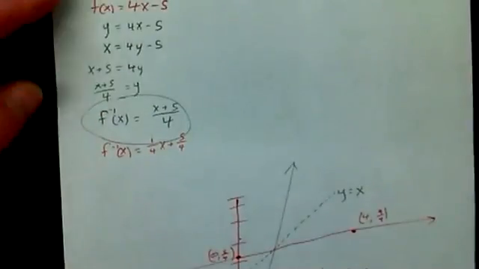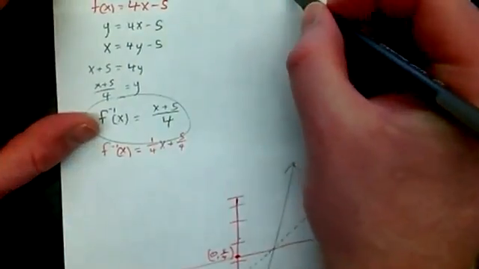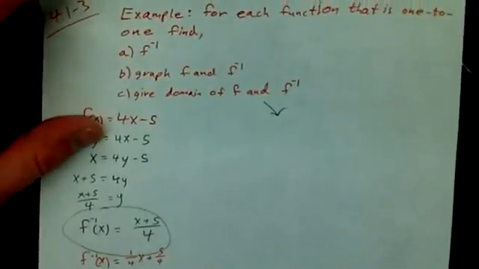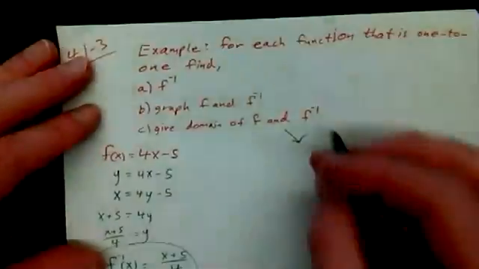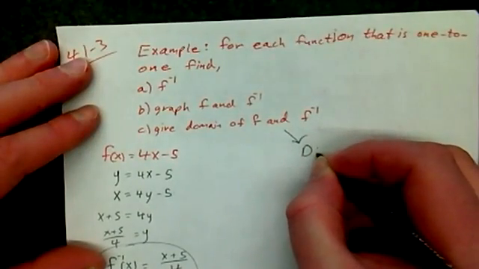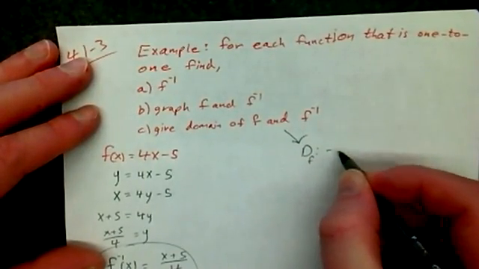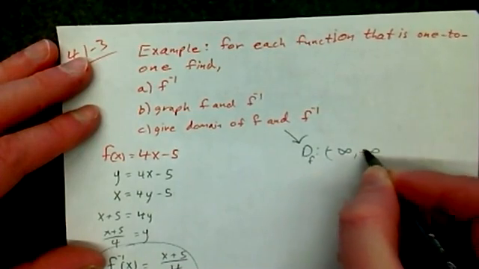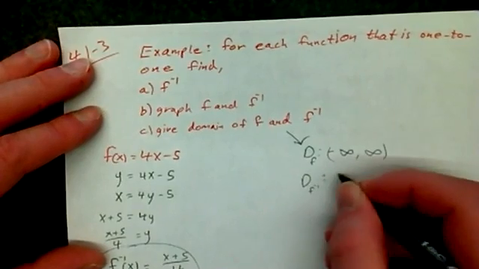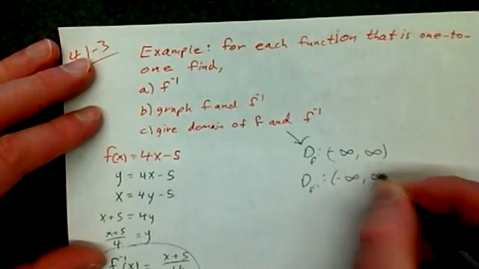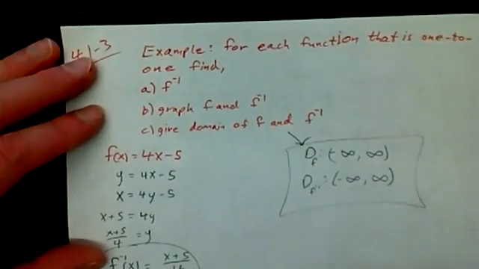And then finally, part C says, give the domain of f and f inverse. Well, since they're both linear functions, both their domains are the same. So I'll say the domain of f is all real numbers, negative infinity to infinity. And the domain of f inverse is negative infinity to infinity. So no big deal there.